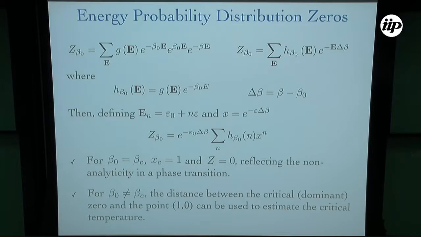So if you look for the distance between the dominant 0 and the point 1, 0 in the map, we have a way to estimate the critical temperature of the system, even if you are not exactly at the critical temperature, okay?